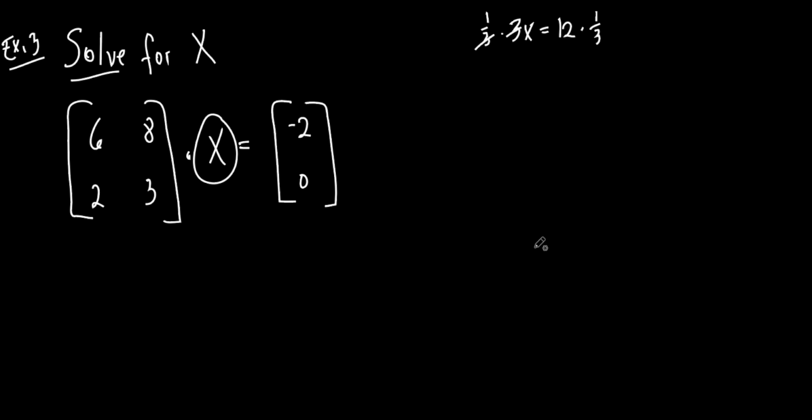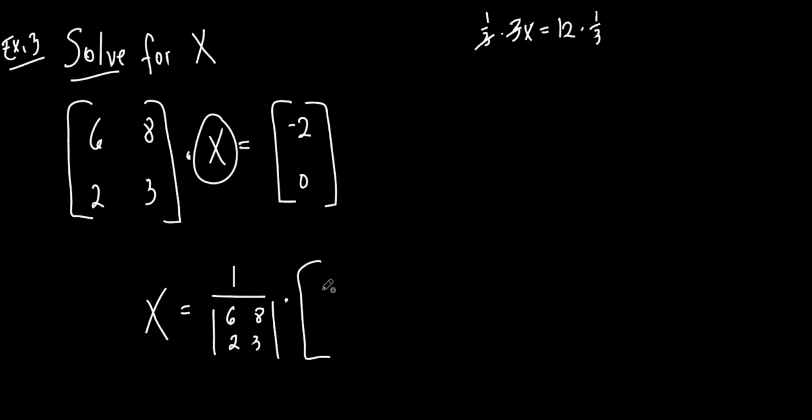So here's what I'm going to do. I know this cancels out on the left side, so I get x by itself. But I also have to multiply the right side by the inverse of this matrix. So what's the inverse of this matrix? Well, it's 1 over the determinant of the matrix, times the switcheroo.